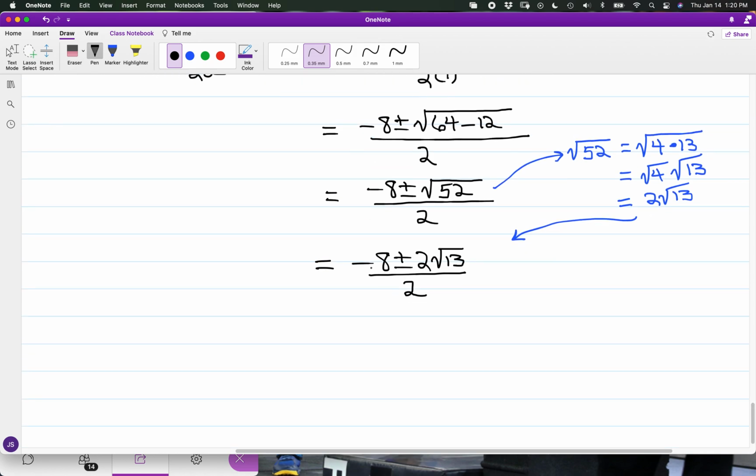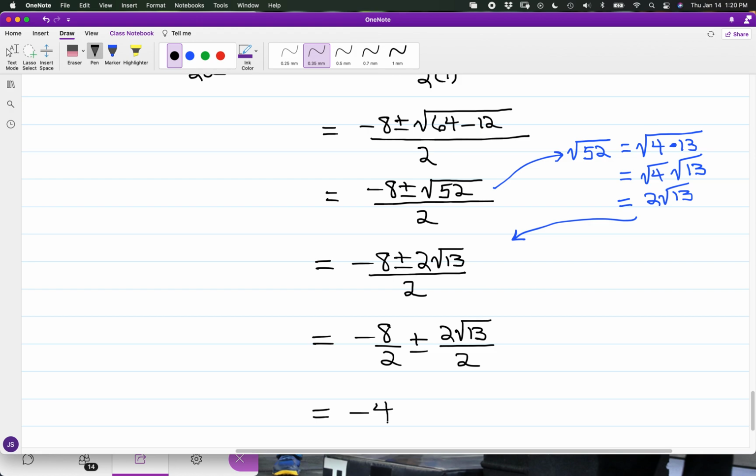And now we have even numbered coefficients, so that means we can reduce this even further. We can do this in various ways, like I can just split what I have here apart: negative 8 halves plus or minus 2 times the square root of 13 all over 2.